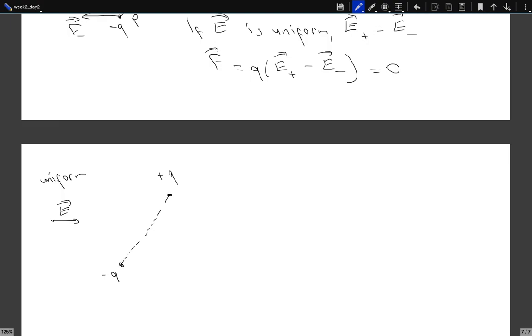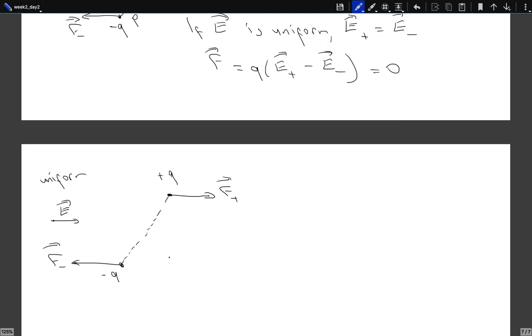To change the shape of the water molecule, you need a really strong electric field. Let's say you don't have such a strong electric field, but mild electric fields. Still, it can change the orientation of the molecule, or in this case, the dipole. The force will be pointing in this direction for the plus charge, and in this direction for the minus charge.